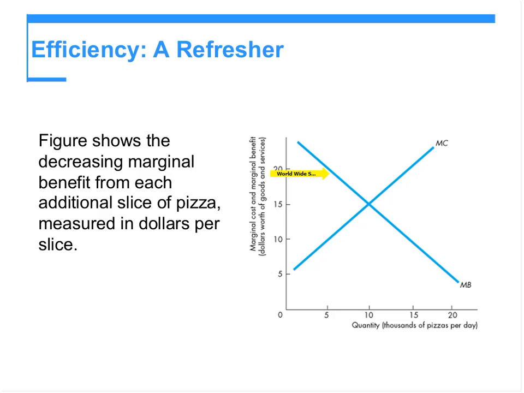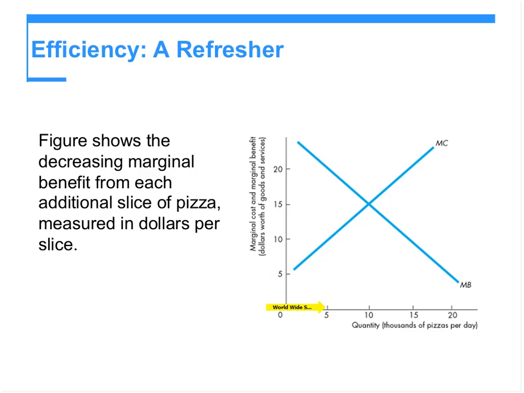So you see at the price of 20, there is no quantity. This is pizza per day, in dollars. If the price of pizza is 15, most probably you have around 5 pizzas a day.